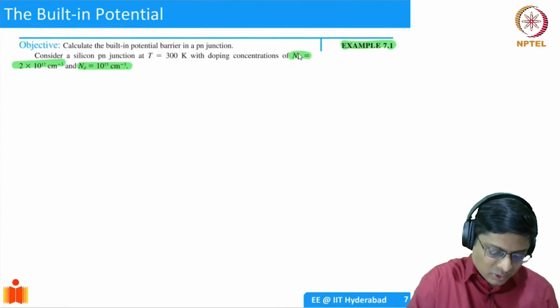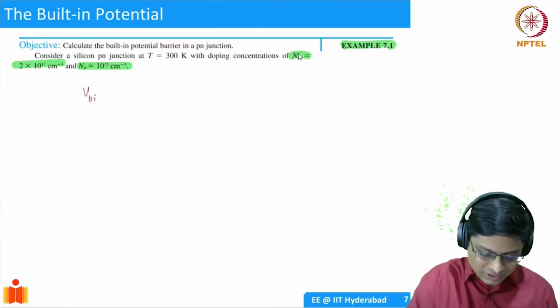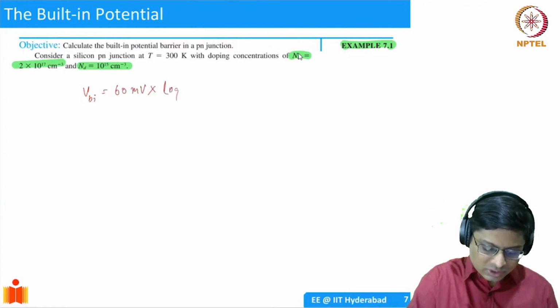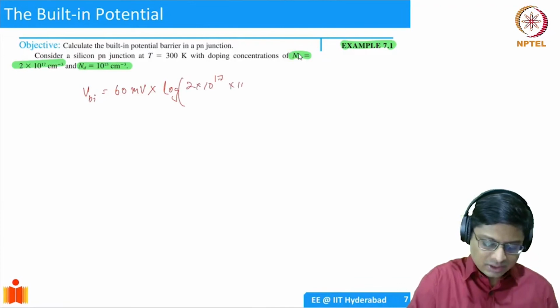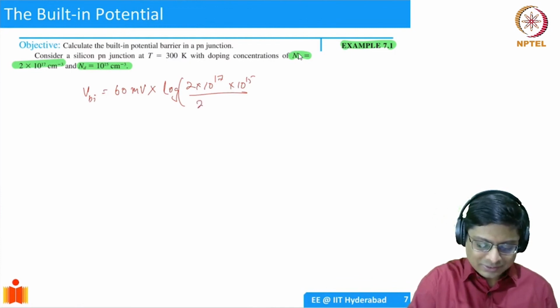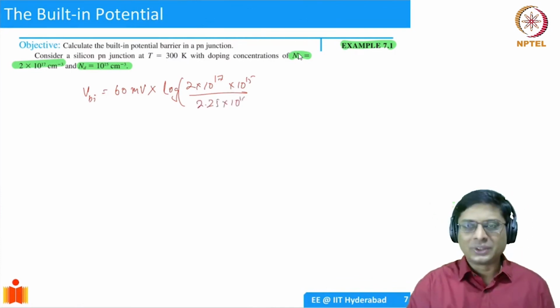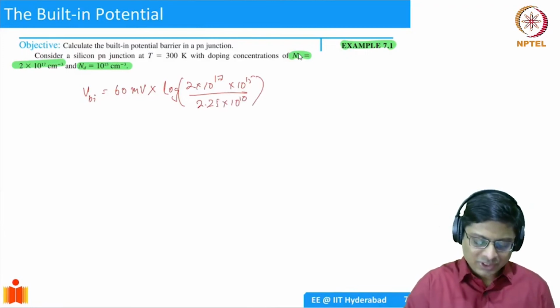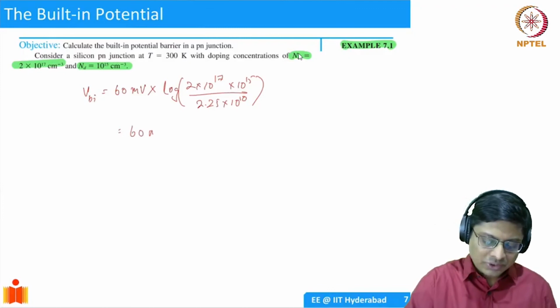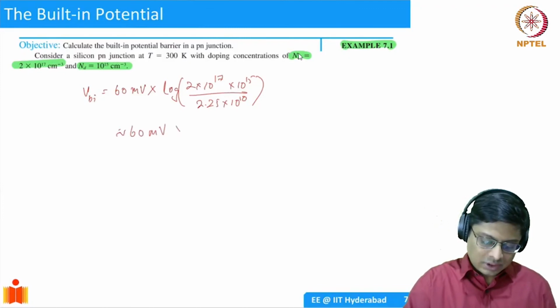So VBI is going to be, we know, the whole thing we keep repeating, millivolts times log of 2 times 10 power 17 times 10 power 15 divided by, if you want to do exactly, 2.25 times 10 power 10. I'll say 2 and 2.25 are almost equal. So this is going to be approximately 60 millivolts times 12.